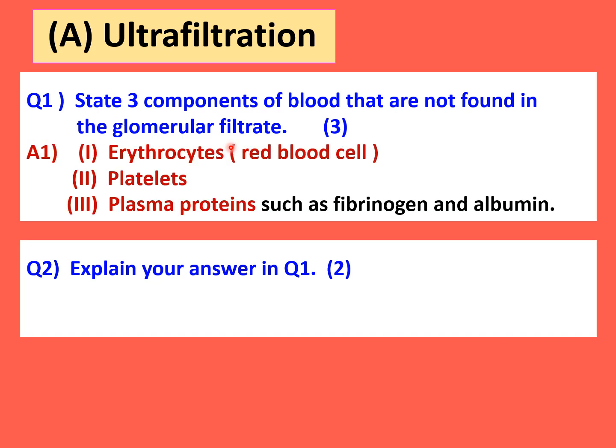For example, erythrocytes, red blood cells, are big in size, so they cannot pass through the walls of the blood capillaries. Platelets, or fragments of cells that are involved in blood clotting, and plasma proteins such as fibrinogen and albumin. The plasma protein molecules are too big to pass through the walls of the blood capillaries.